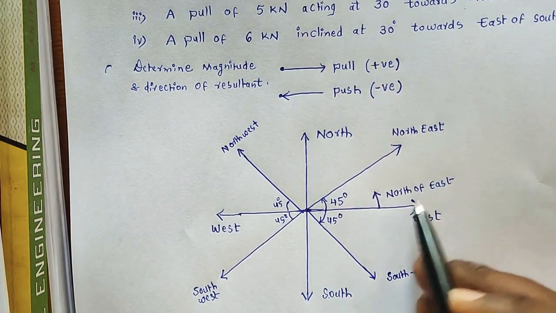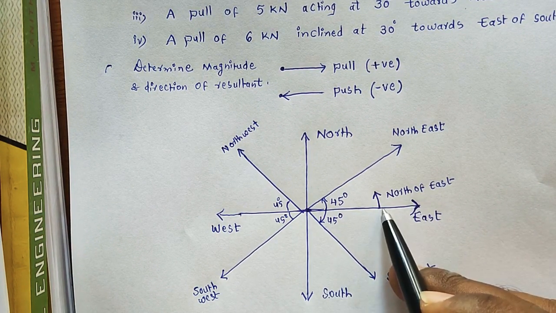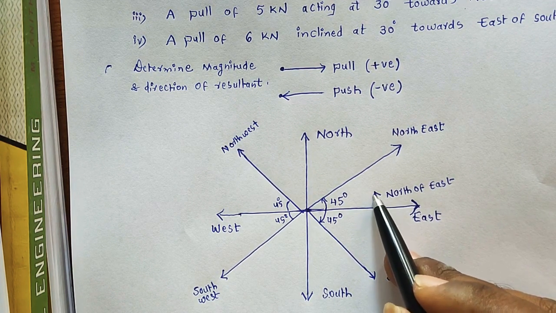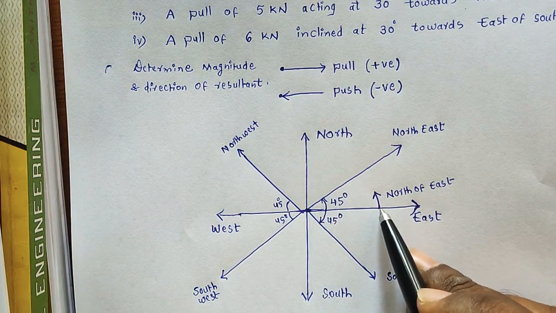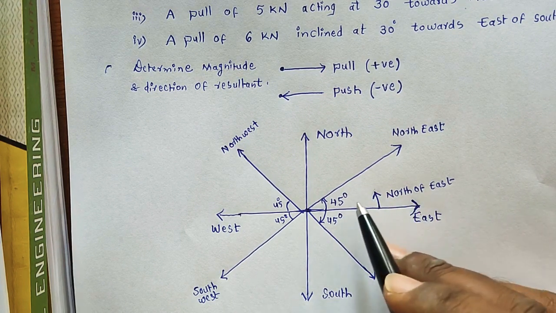So north of east. So this is east direction. What is the north of east means? You have to move from east to north direction. So north direction is in this way. So from east to north you are moving. So north of east.